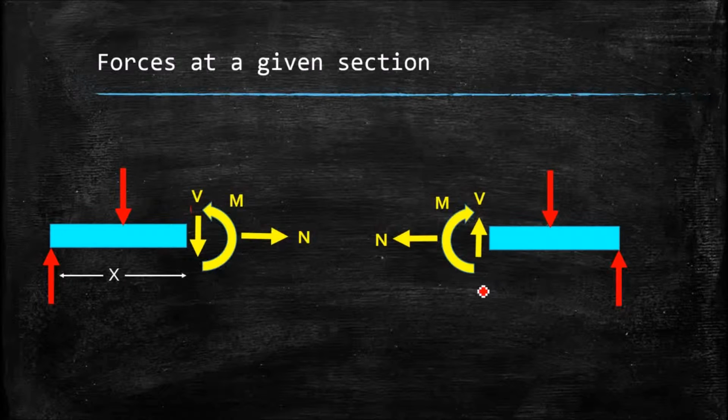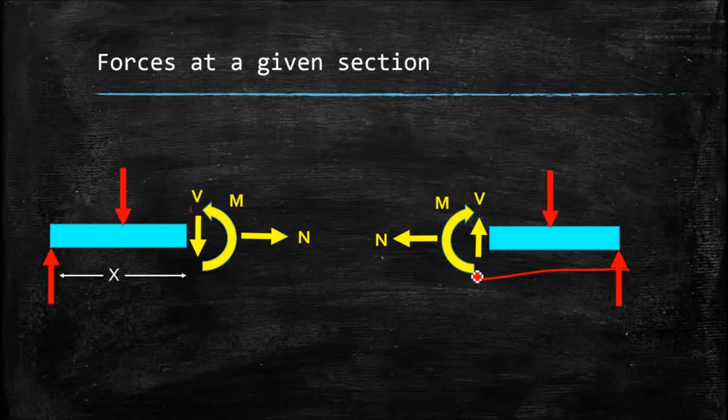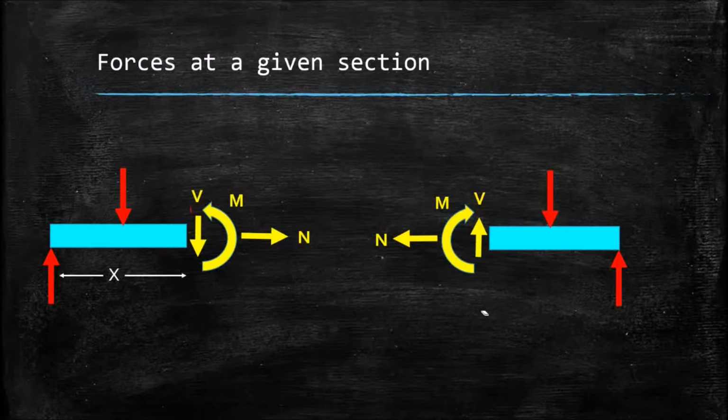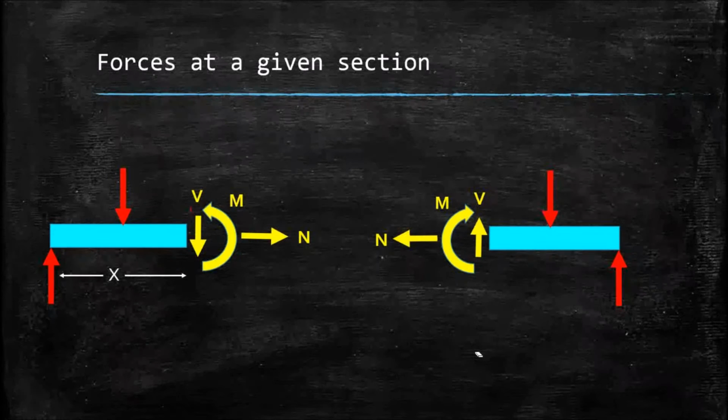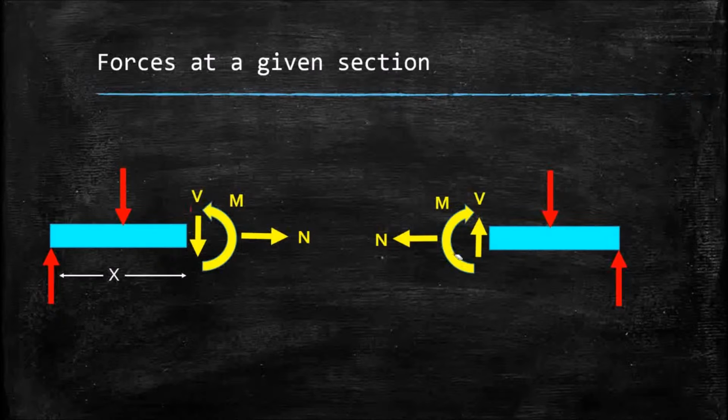For example, if I was looking at this segment to the right, I would look at it and say, well, this is a negative moment because it's clockwise when I'm calculating the equations of equilibrium. But when I plot the internal forces or internal moments in that beam, well, this is positive according to our internal forces convention. So we have to be a little bit careful with signs, okay?